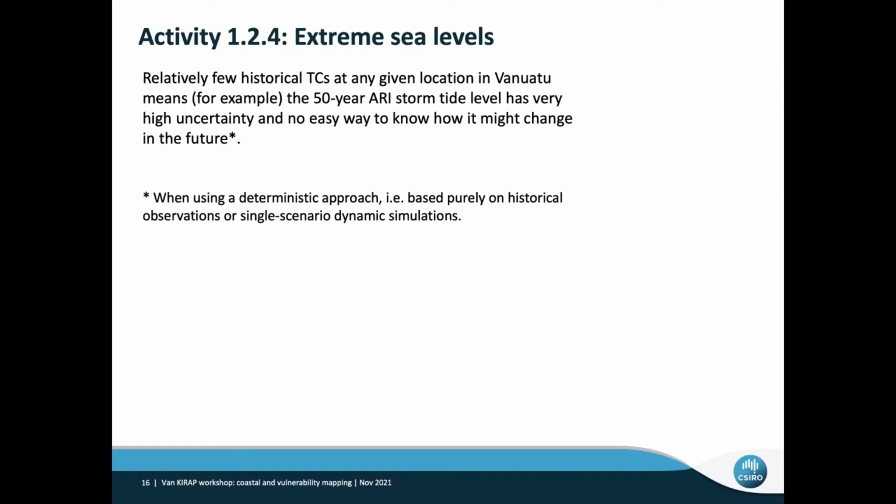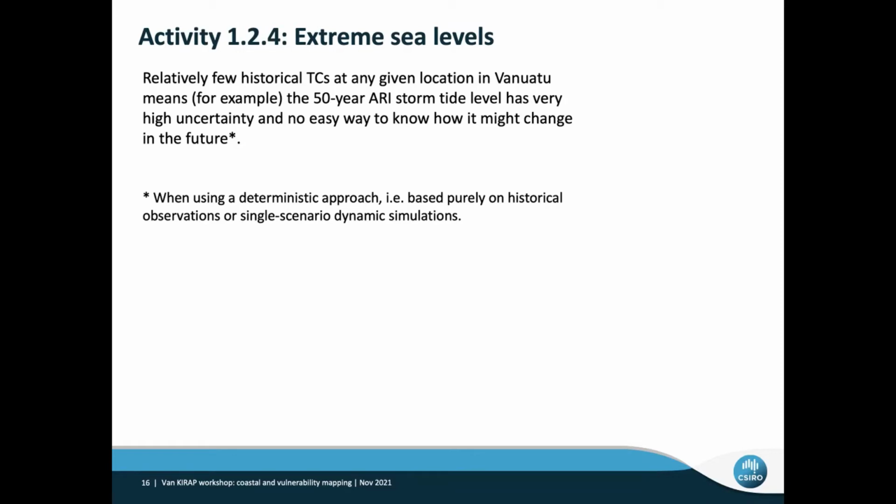What that means is that calculating exactly what the 1 in 50 year or 1 in 100 year storm tide or storm surge average recurrence interval, ARI, is a bit tricky, and there's a lot of uncertainty around that.